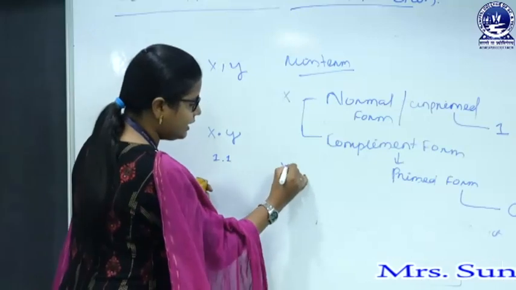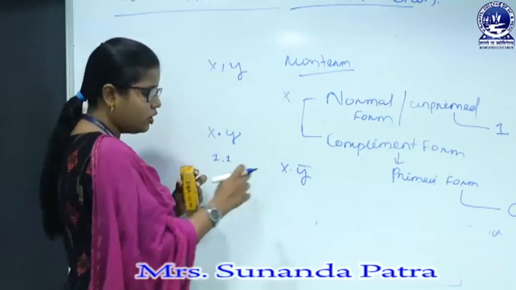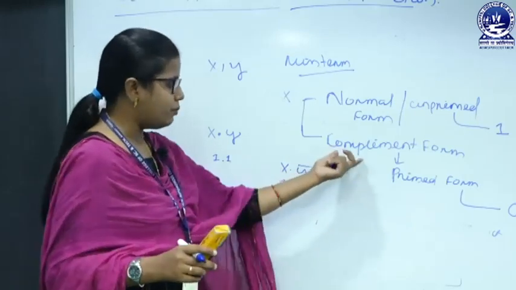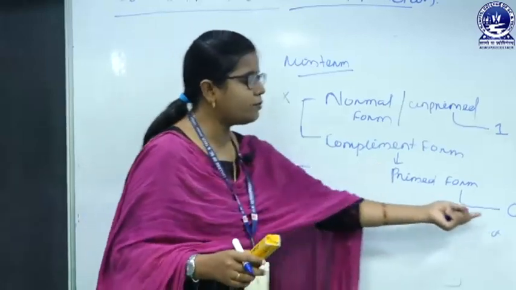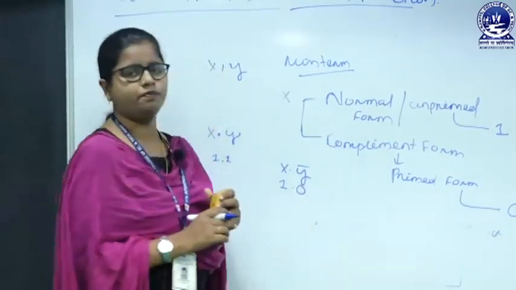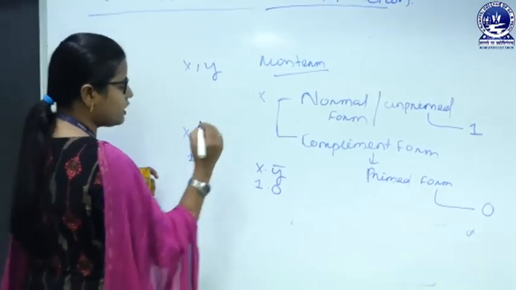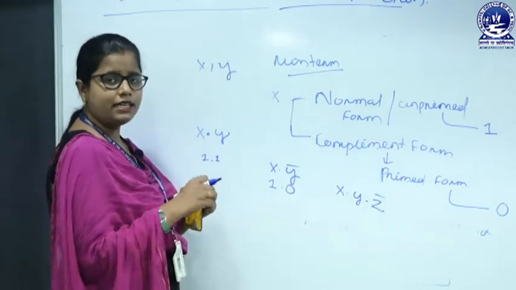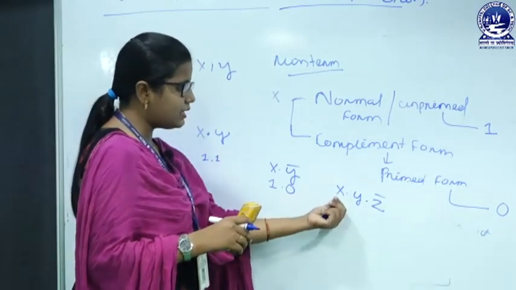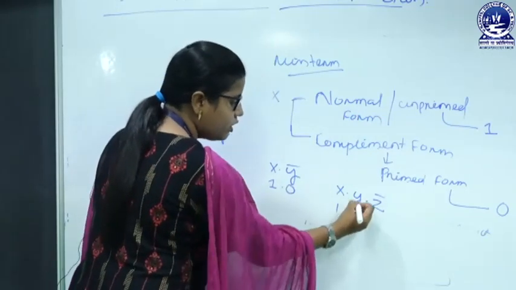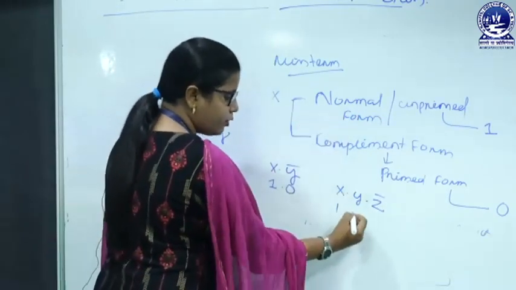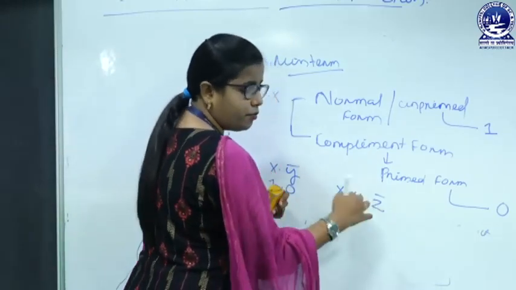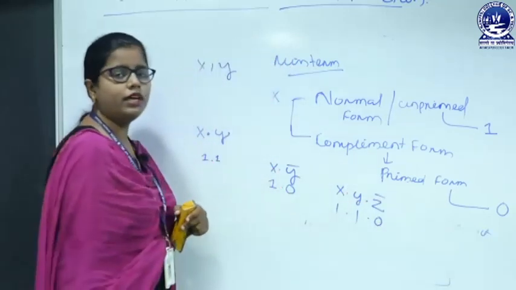If I am writing x into y complement, x is unprimed, so it is 1, and y is in prime form, that means complement form, so it is 0. So 1, 0. Suppose we have 3 variables, x dot y dot z complement. What is the digit for x, y and z? x is unprimed, so it is 1. y is also unprimed, normal form, so it is 1. And z complement is the prime form, so it is 0. 1, 1, 0.